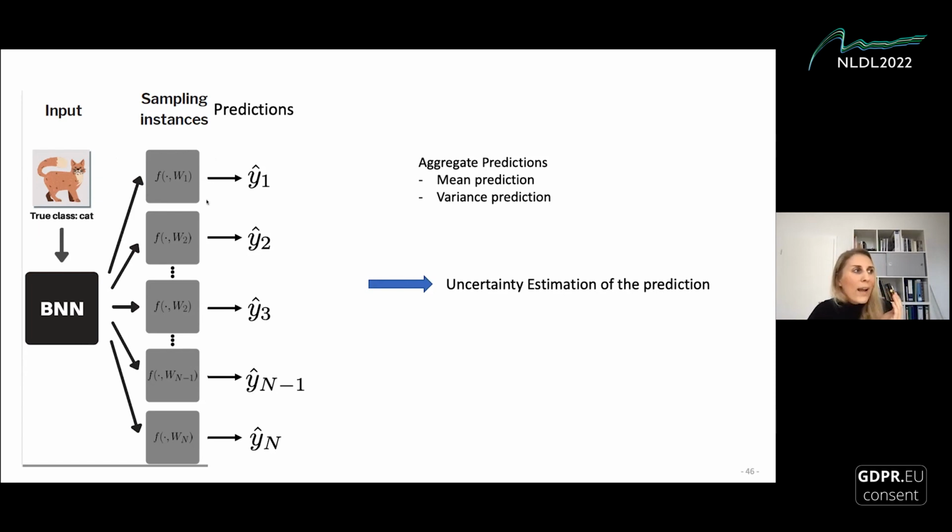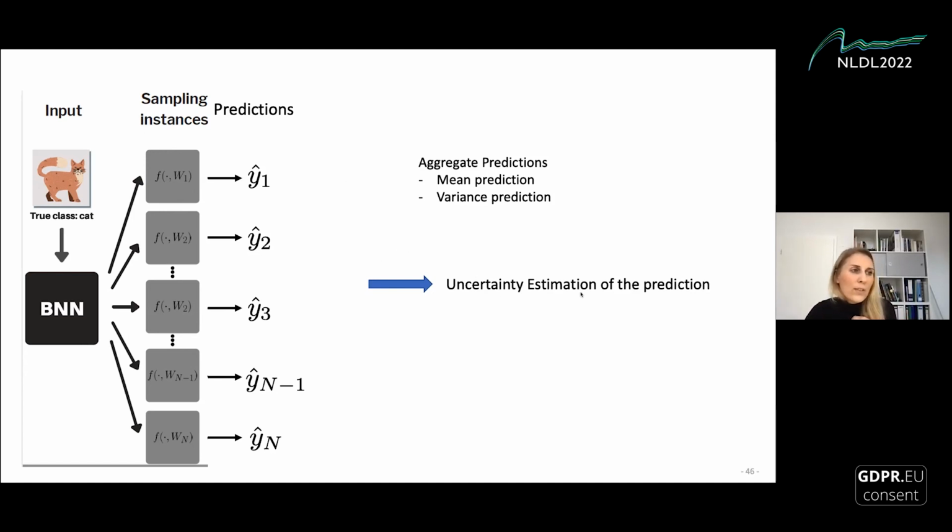So when 99% of all the Bayesian subnetworks, so the Bayesian instances here, say that it's a cat, right? And we maybe wouldn't trust the prediction so much when, let's say, only 60% of the models say it's a cat, and a lot of other models say it's a dog or it's a human or it's a tree.